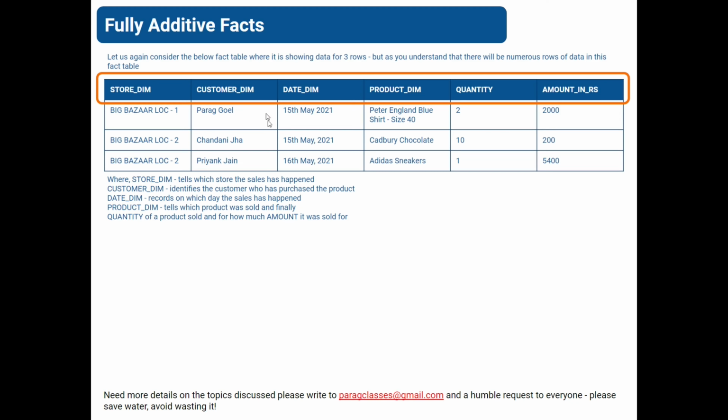The customer dimension column identifies the customer who has purchased the product. The date dimension identifies the date on which the purchase by the customer has happened. The product dimension identifies which product was actually sold. And finally, these are the two measures: quantity, the quantity of the product sold, and the amount in rupees, the amount for which the product was sold.